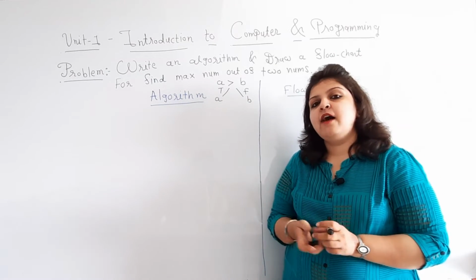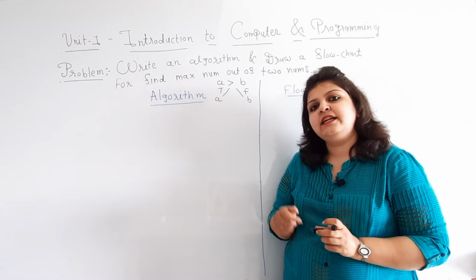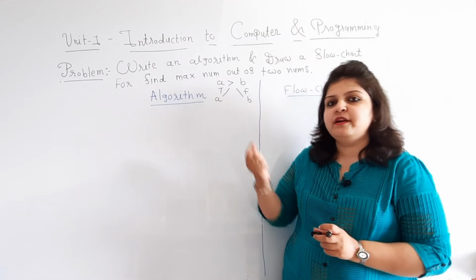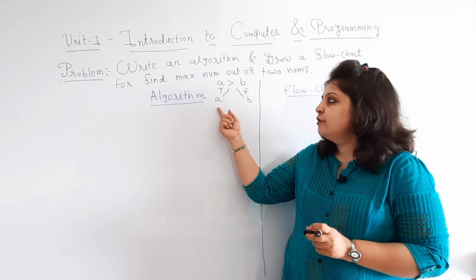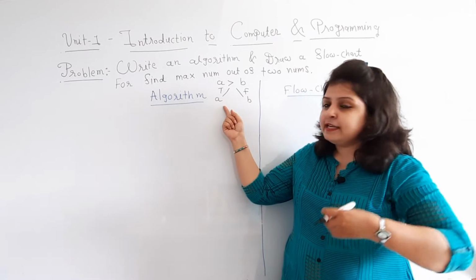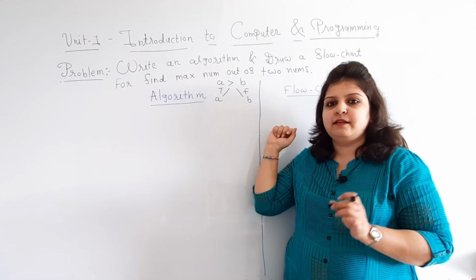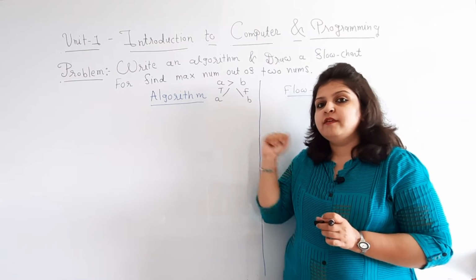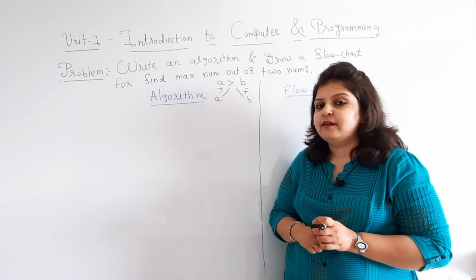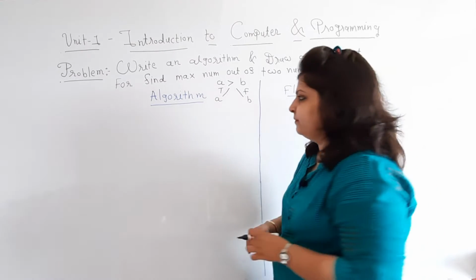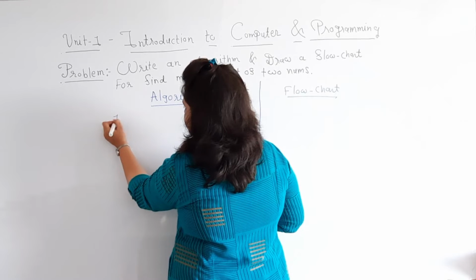So here we have two different outputs. At a time we will get only one output, but the possibilities are two: either A will be max or B will be max. So how can we write this type of algorithm? Let's start. Our first step is start.